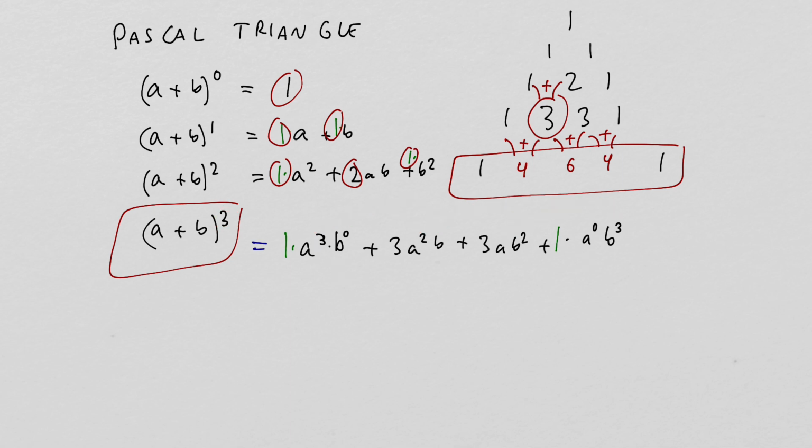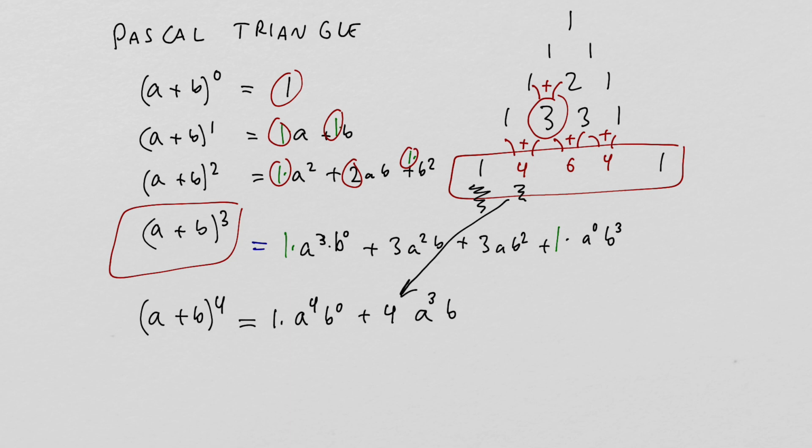Next we are able to write (a + b) to power 4 by using the Pascal triangle and the powers. Well, in the first term we will just get the factor 1 and a to power 4 times b to power 0. In the next term we will have the factor 4 in the front from the triangle, and then we will have a times b, and the power of a will be a little bit smaller, 3, and the power of b will be a little bit larger, 1.